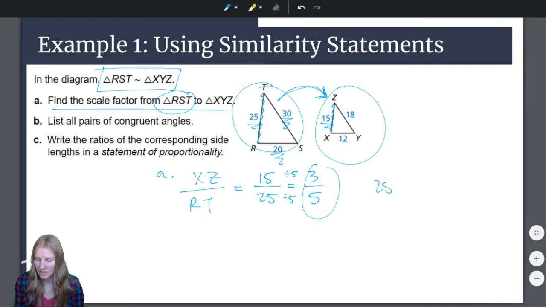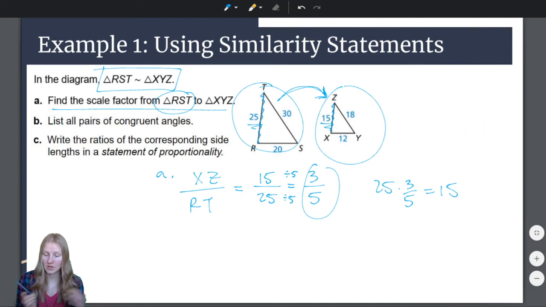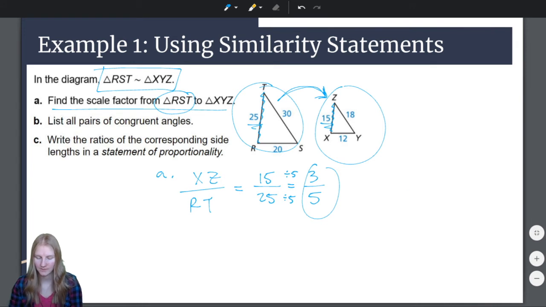If I take 25 and multiply by 3/5, I get 15. If I take 30 and multiply by 3/5, I get 18, right? Because those sides match. So, if I go from the big triangle to the smaller triangle, the scale factor is 3/5.